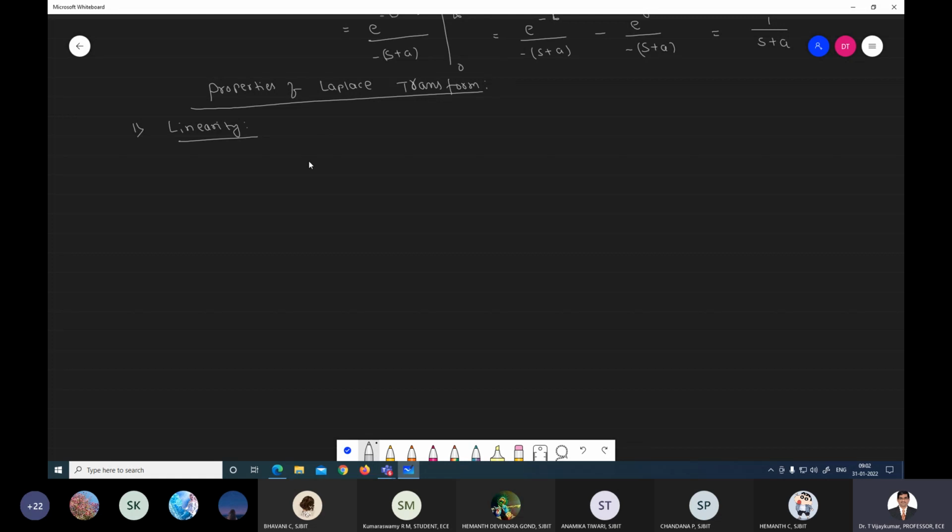That is, if F1(s), F2(s), etc., Fn(s) are the Laplace transforms of the time functions f1(t), f2(t), etc., fn(t) respectively, then the Laplace transform of f1(t) plus f2(t) plus and so on can be represented as F1(s) plus F2(s) plus F3(s). This is the statement. Note it down, I will dictate.